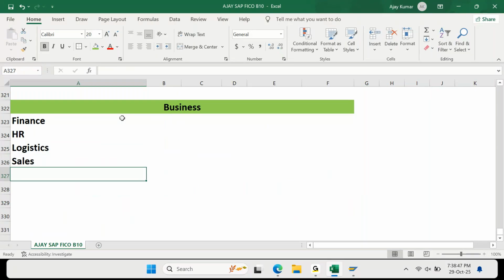But if you specifically look at your friends, your colleagues, who are working in the finance domain, who are working in the accounting domain, do they say that I am working in finance, or do they specifically tell what they're doing in finance? Do they tell I'm working in accounting, or do they specifically tell what they're doing in accounting? You have different teams in your company.